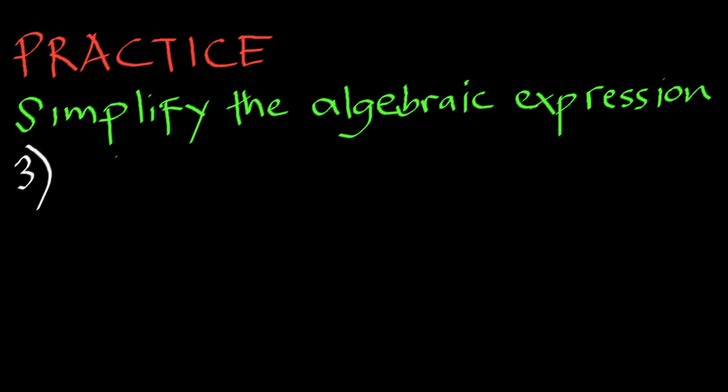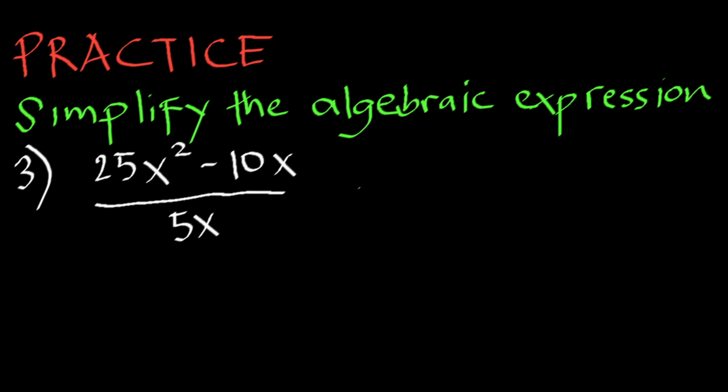Number 3, we have 25x squared minus 10x all over 5x. So kung meron kayong ganyang example na merong dalawang terms sa numerator at meron namang isang term sa denominator, you can say all over.